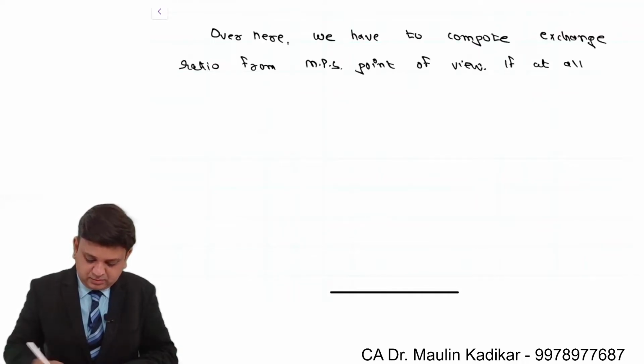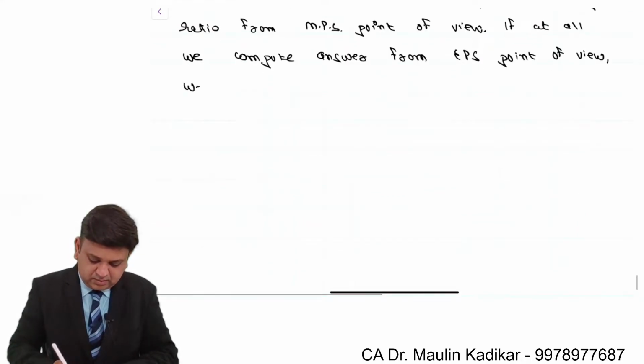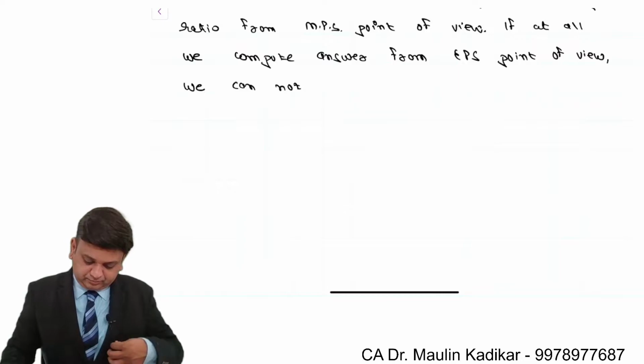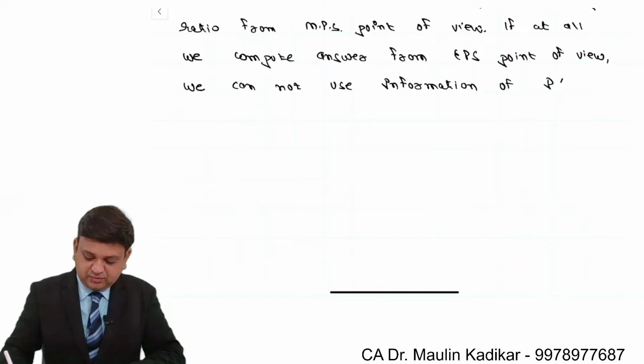If we compute the answer from EPS point of view, comma, we cannot use information of price earning ratio.